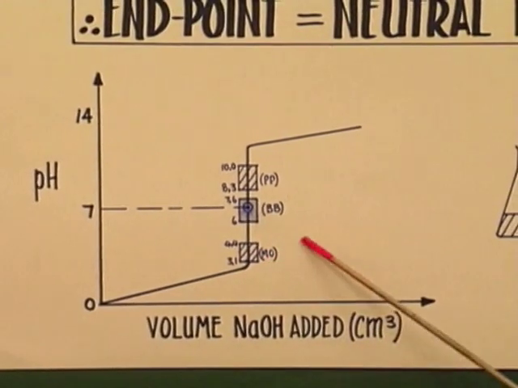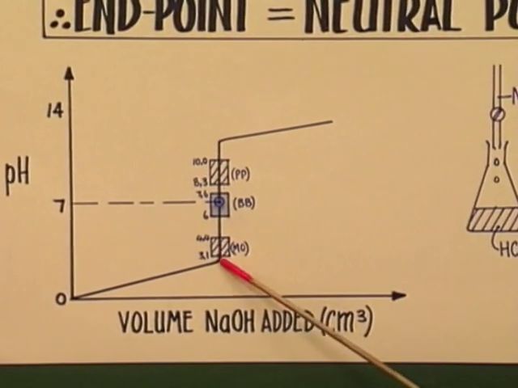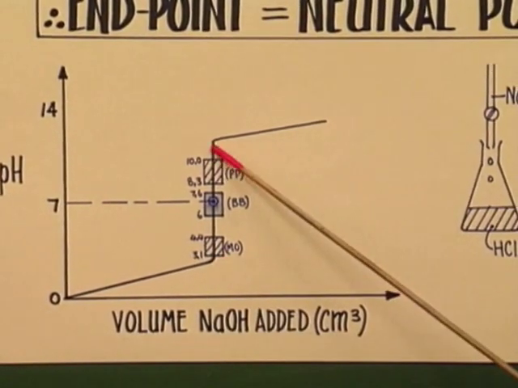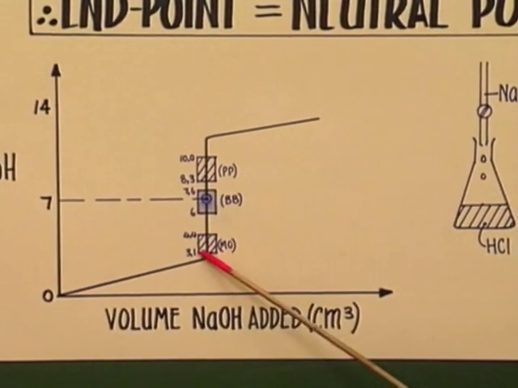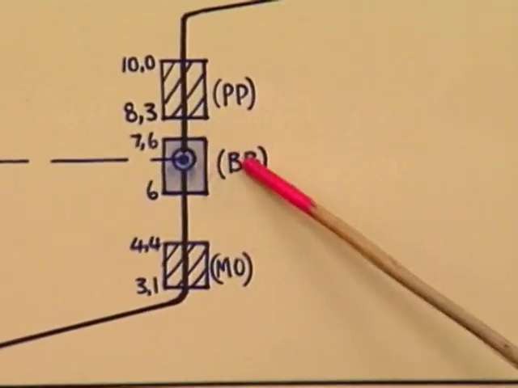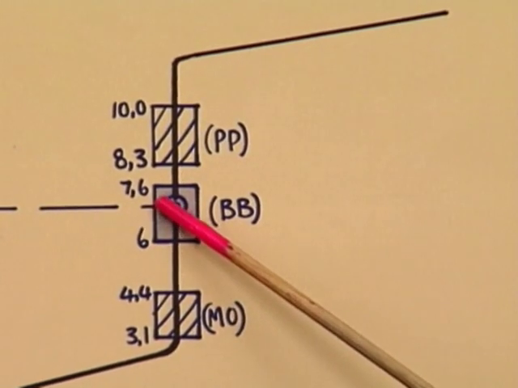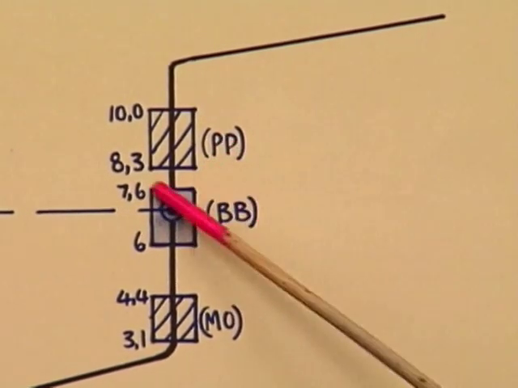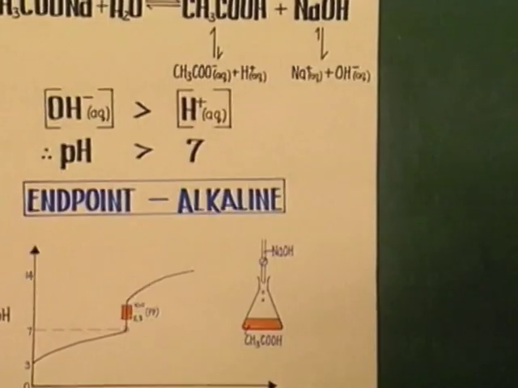Any indicator that undergoes a color change in the vertical part of this graph, from pH about 4 to pH about 10, can be used in this case. Like methyl orange, undergoing a change from pH 3,1 to 4,4, or bromothymol blue, undergoing a change from pH 6 to about 7,6, or phenolphthalein, undergoing a change from pH 8,3 to about 10.